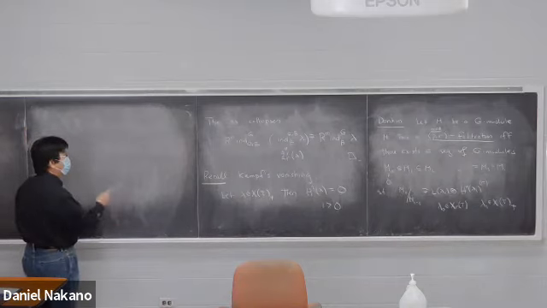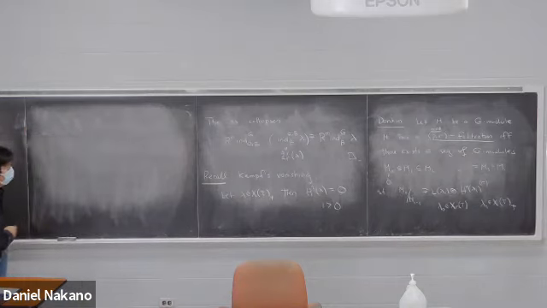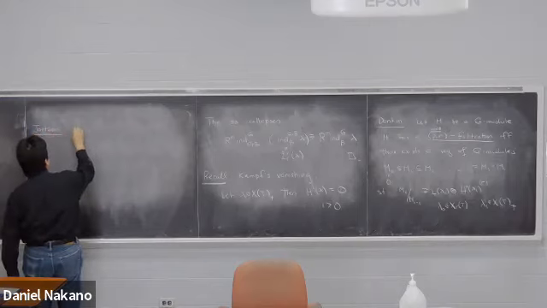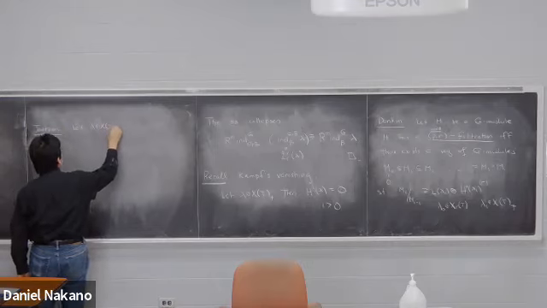All right, so there's a question that Jantzen actually gave back around 1980. He asked the following. So let lambda be a dominant weight.